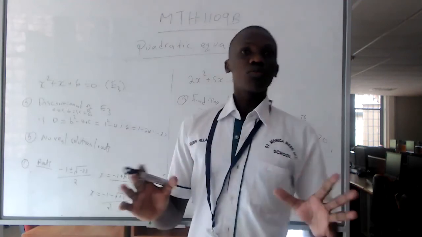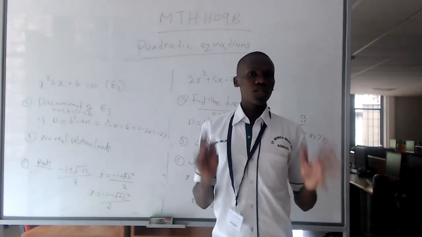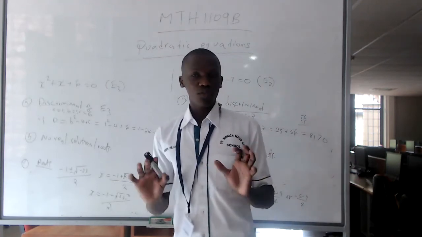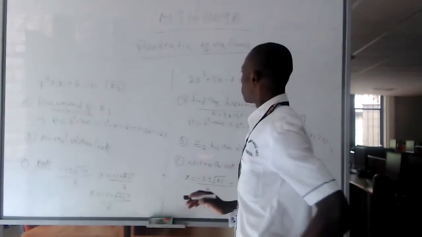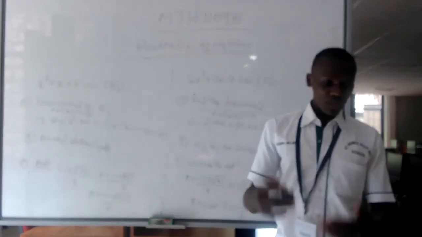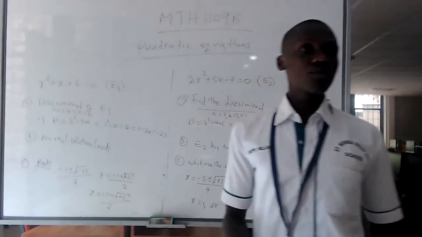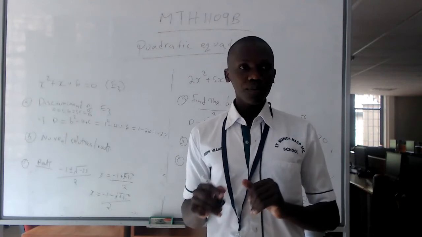So it is possible to find the number of solutions that a quadratic equation will have without necessarily solving the equation, by computing what we call the discriminant. It's very simple to compute. If you have an expression ax squared plus bx plus c equals 0, where a is non-zero, the discriminant is simply b squared minus 4ac.